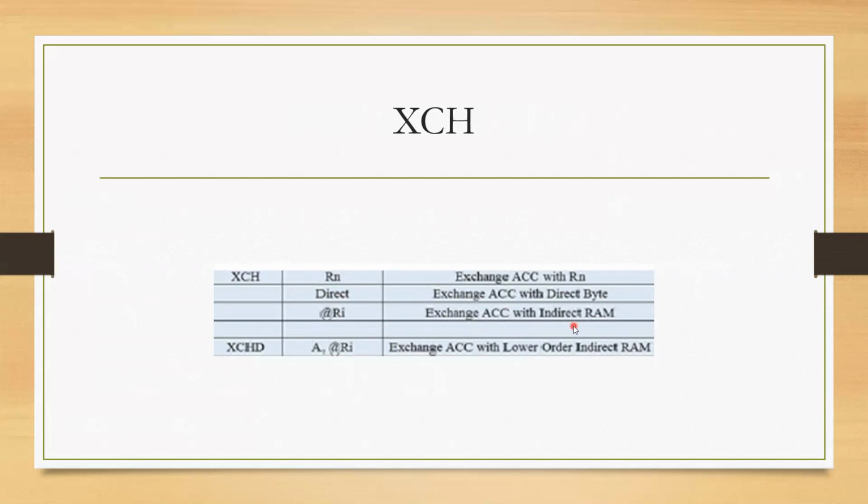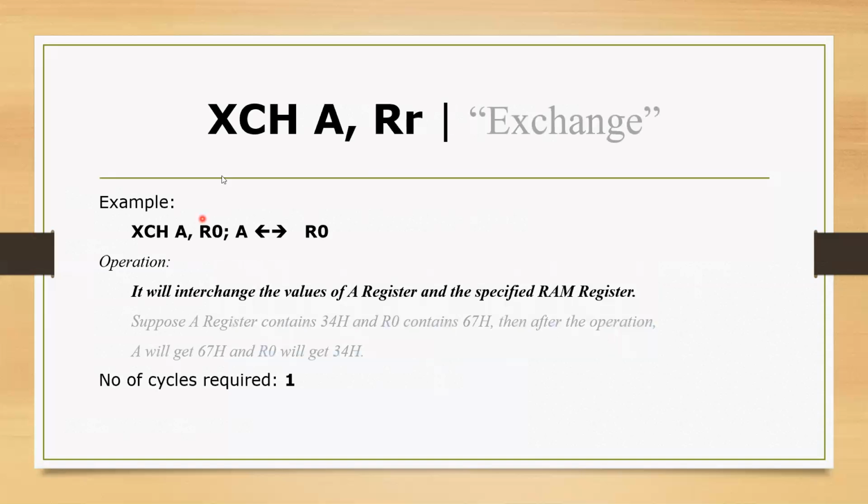That is @Ri, that is, indirect addressing using the RAM register. So exchange digit. So exchange accumulator with the lower order indirect RAM. Exchange A, Rr.